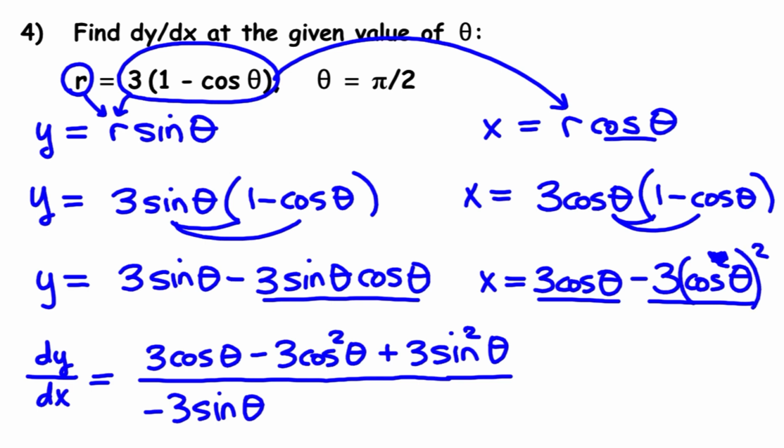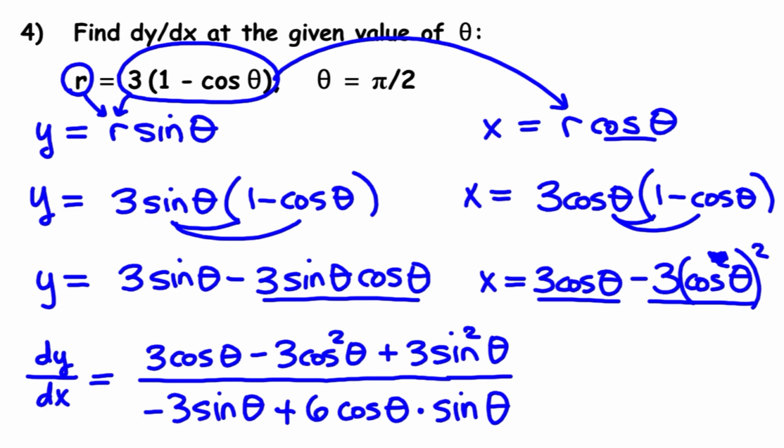That's going to be minus 6 cosine of theta to the first. But the derivative of cosine, the chain rule, is negative sine theta. But the negative will turn this other negative into a plus. So you'll end up with a plus 6 cos theta sine theta.